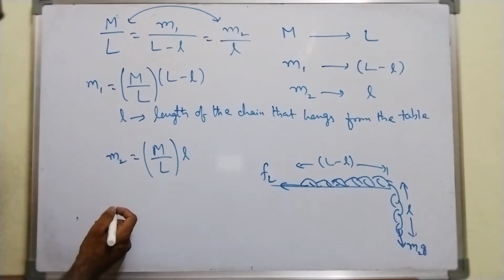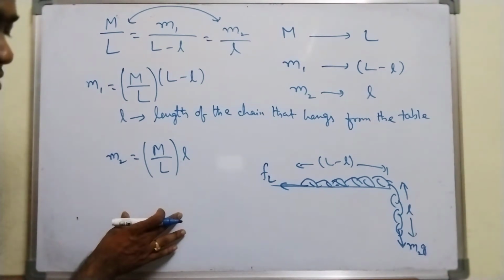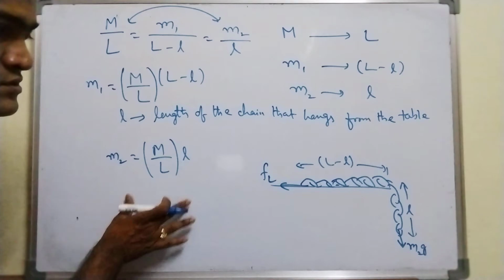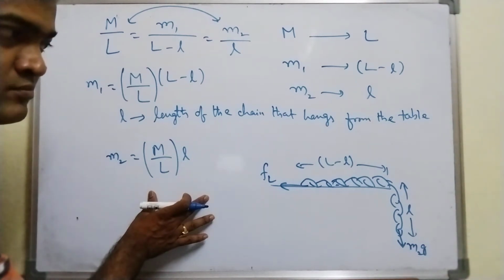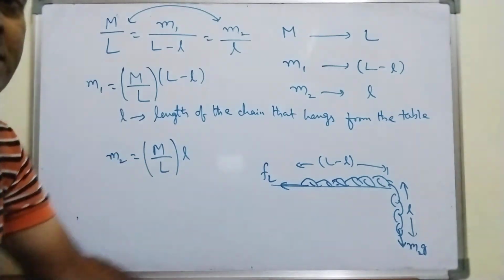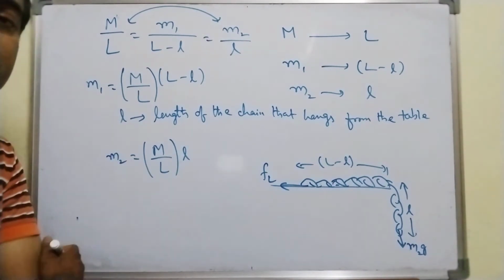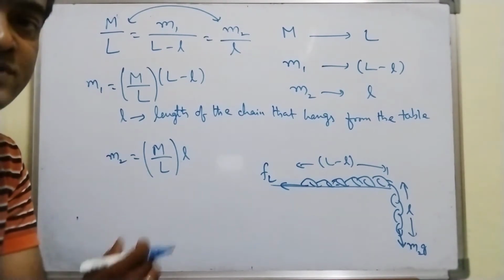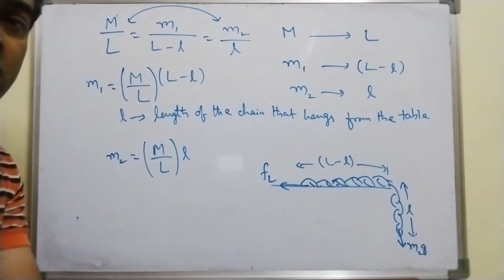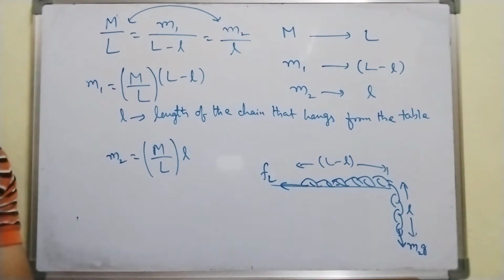Now, my interest is to find out the value of the hanging part of length. How much length of chain is hanging from the table so that it is not able to slide down the table.